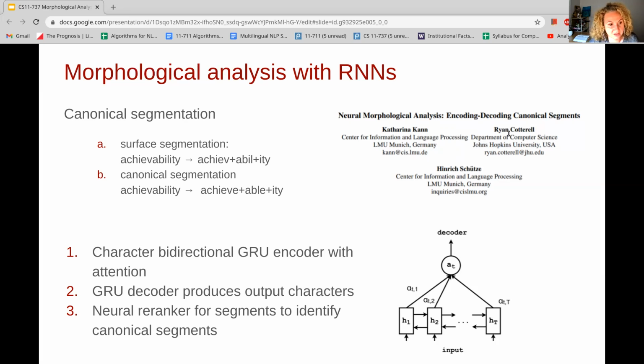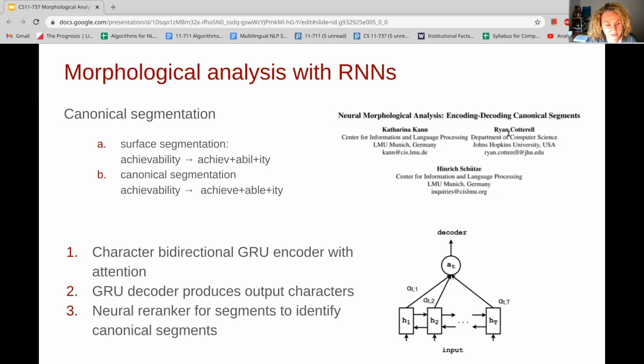In particular, when they produce the segmentation of a word, they first output a surface level segmentation, but then they did re-ranking and specifically looked for segments that are more frequent when they occur as an independent word in a lexicon.